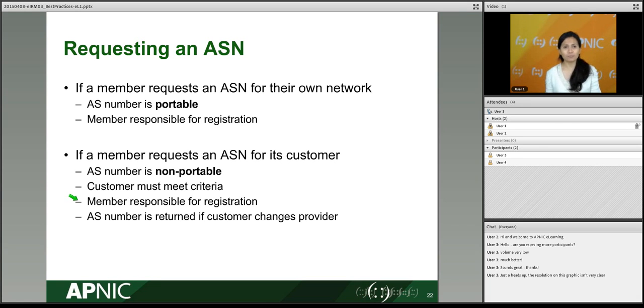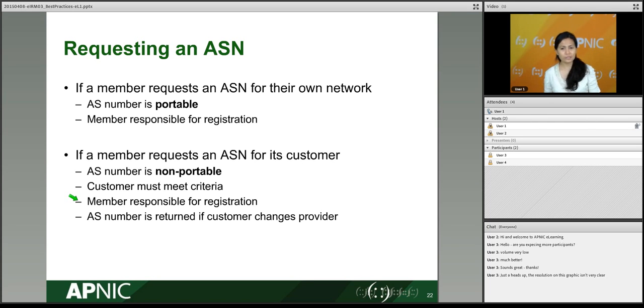If you're the APNIC member, you get the portable AS number. But if you have downstream customers, and they need an AS number, they can actually request an AS number through you. You don't have a pool of AS numbers that you can give to your customers. But when your customer needs an AS number, they can come to you, and you will come to APNIC and do the request process on behalf of your customer.